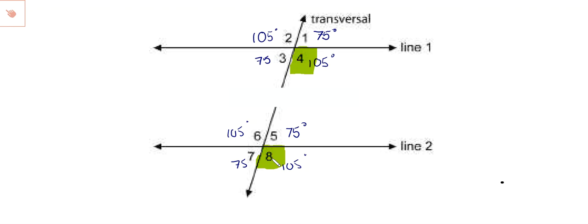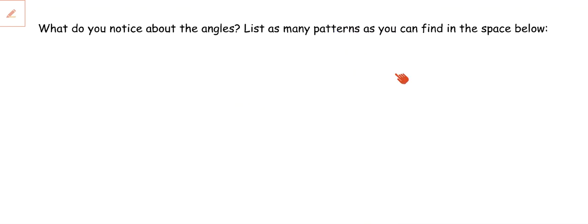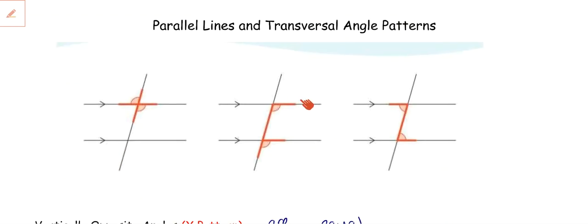The other team, the other diagram. Now, if we look at that in this diagram, here it is, look. Here are your corresponding angles, and some people will call them F angles.